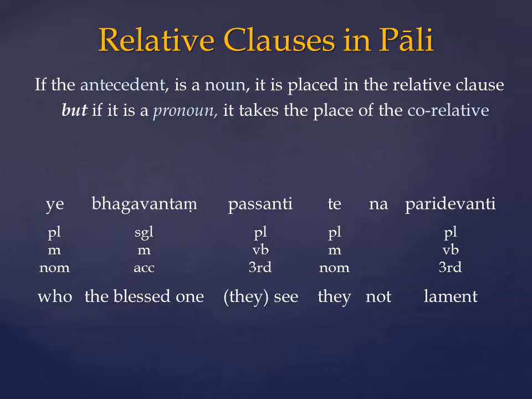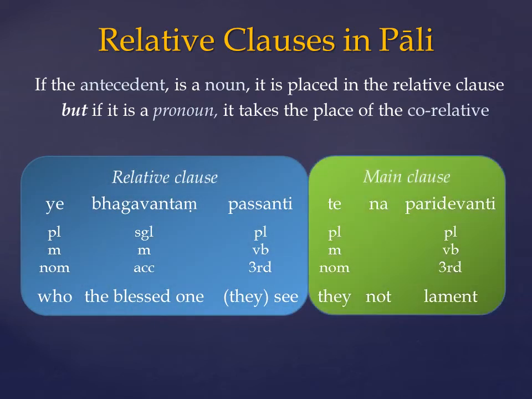Okay, now in this example, if we separate the relative and the main clauses, we can see that the pronouns ye and te are in the plural masculine, and there isn't a matching noun in the relative clause. So in this case, we have to take the pronoun te as the antecedent noun itself. And it's in nominative case, being the subject of the third-person plural verb.